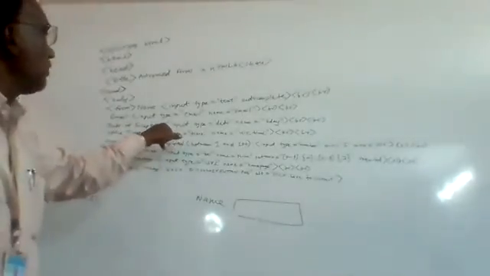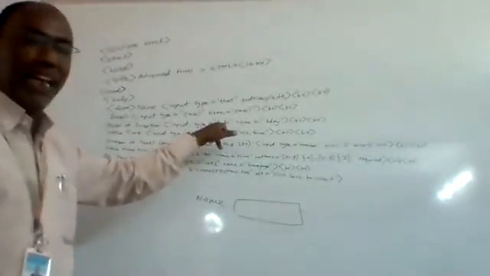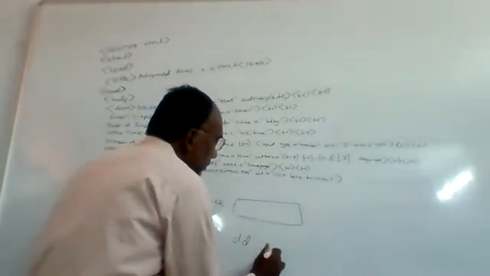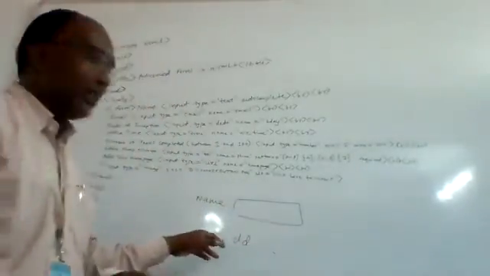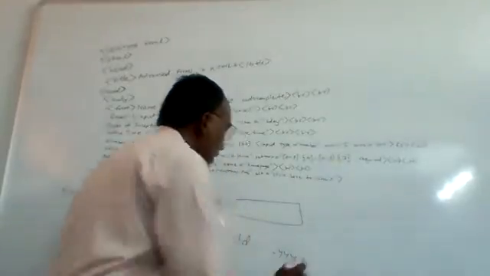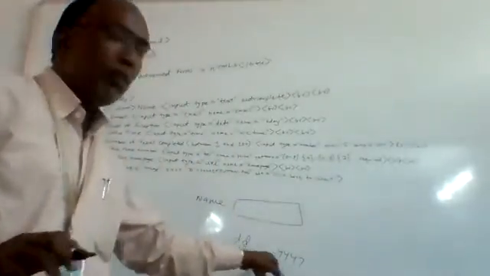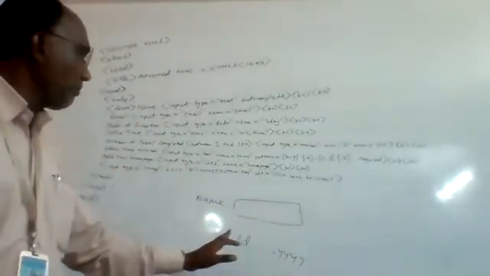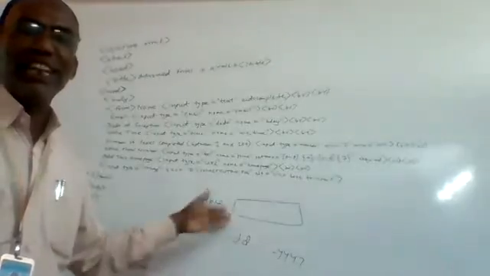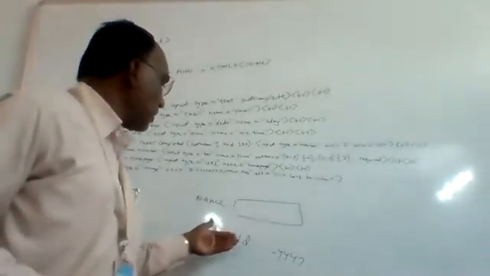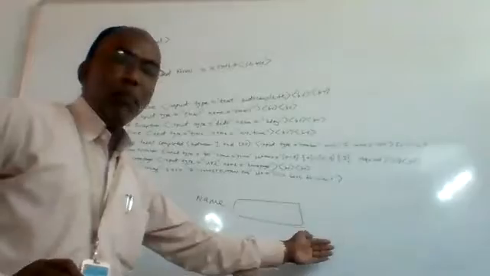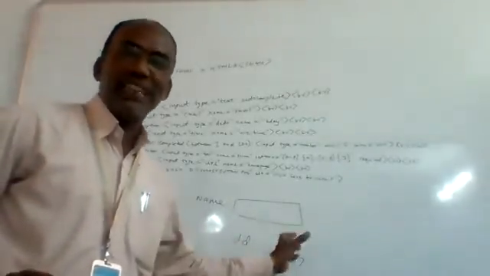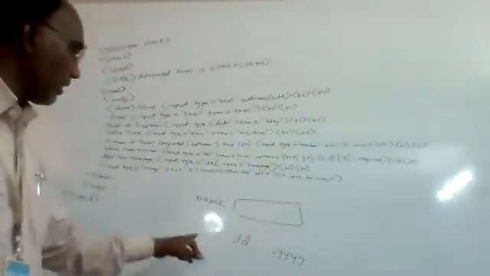Here we are using the input type date, so it will ask for date, month and year, DD MM YY. At the time of inputting the data, the user clicks here and it will display a pop-up menu. From that, we can select date, month and year.